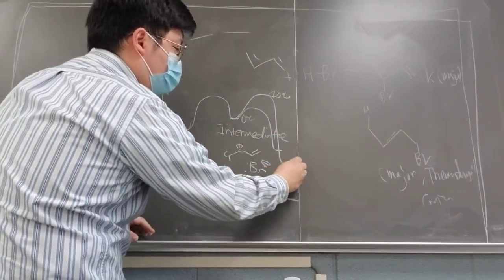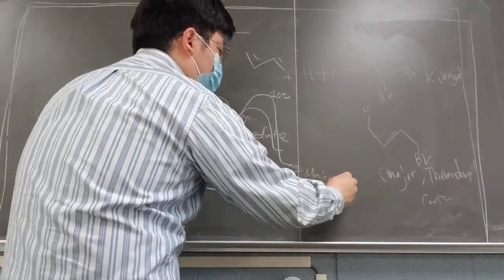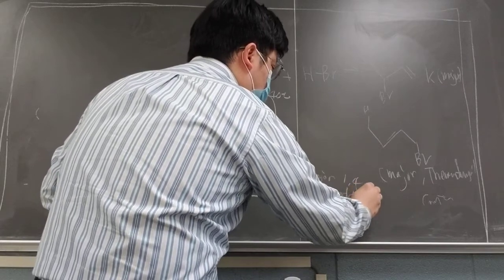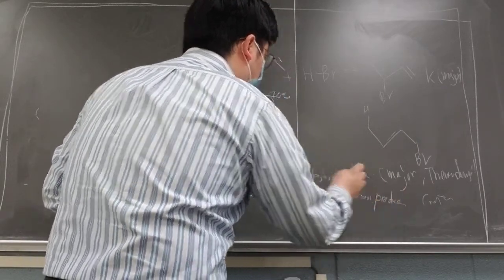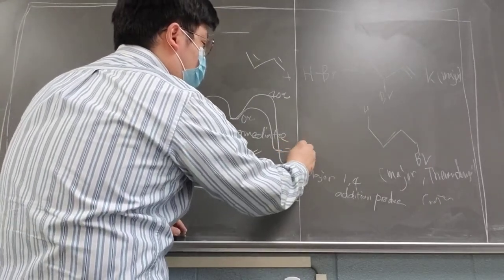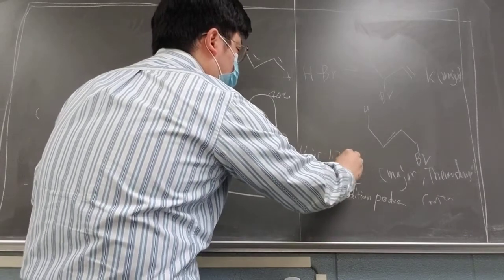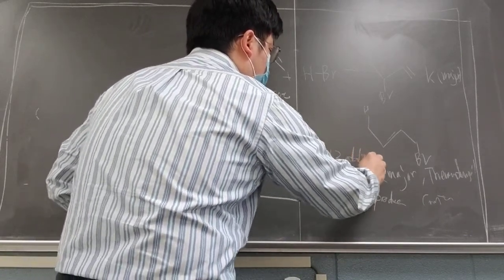And here, you're going to have a major product, which is the 1,4 addition product. And here, your major product will be the 1,2 addition here. Okay. I'll explain why.